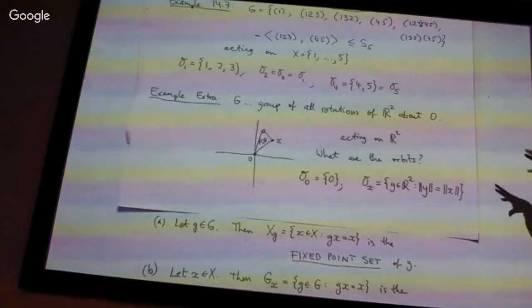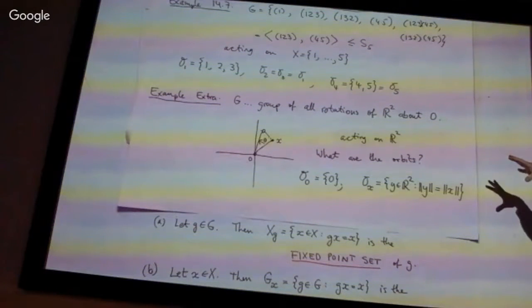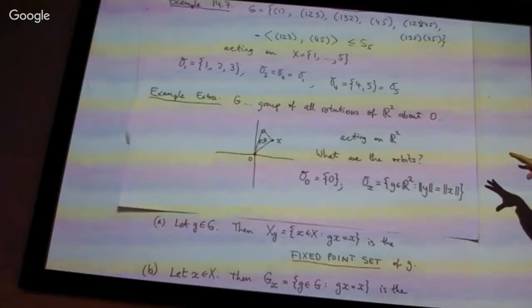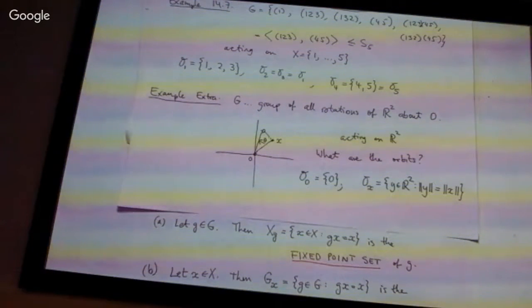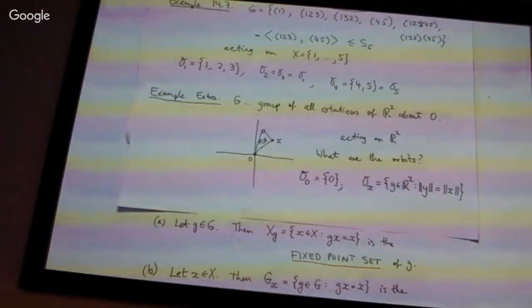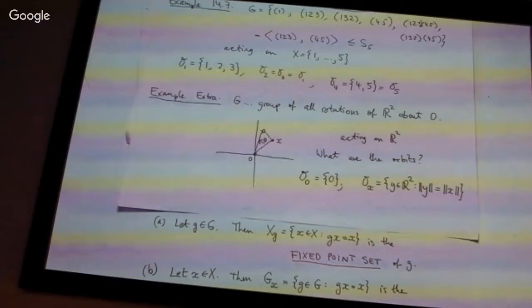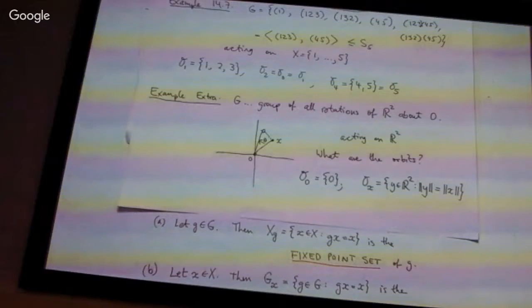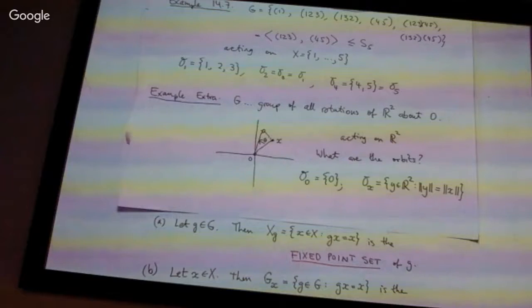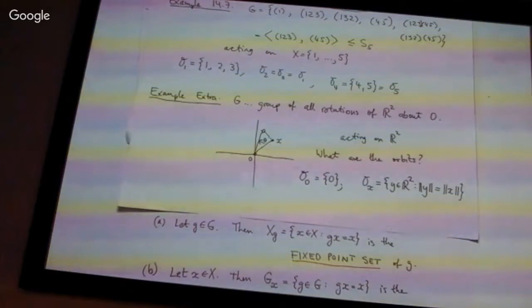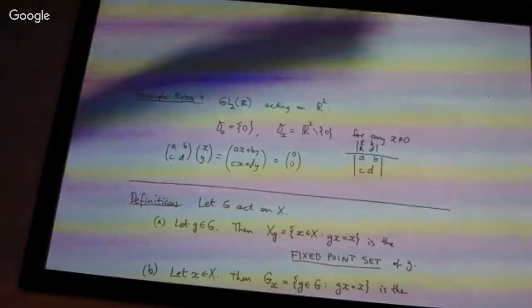The whole group G is the stabilizer because nothing in the group moves the origin anywhere. What's the stabilizer of any other point than the origin?